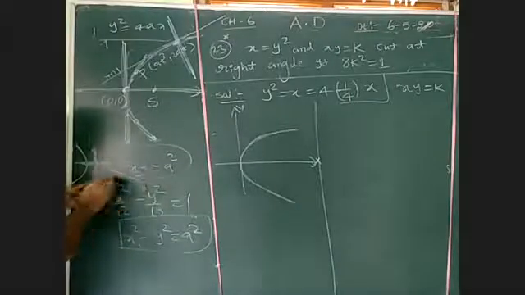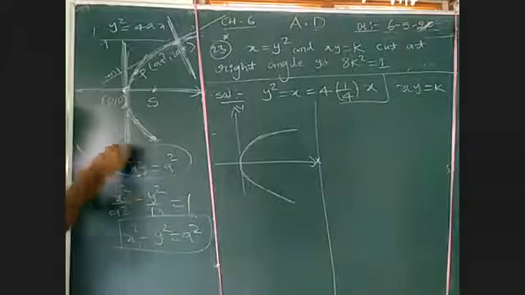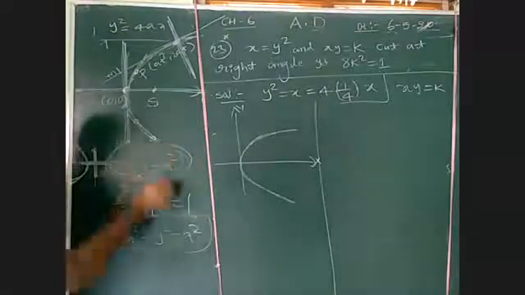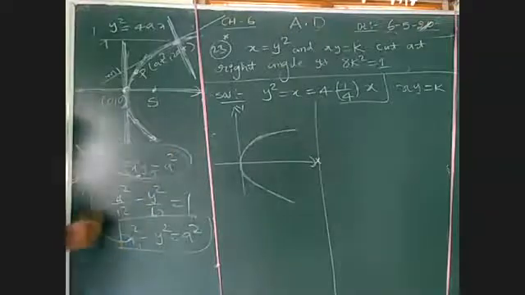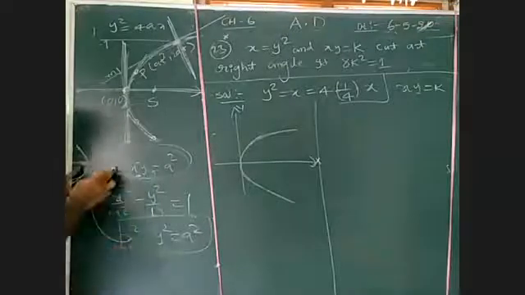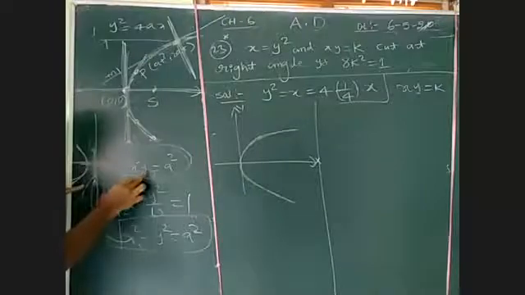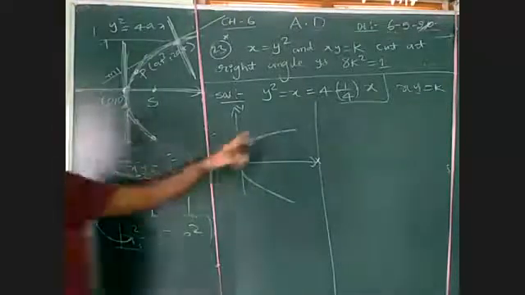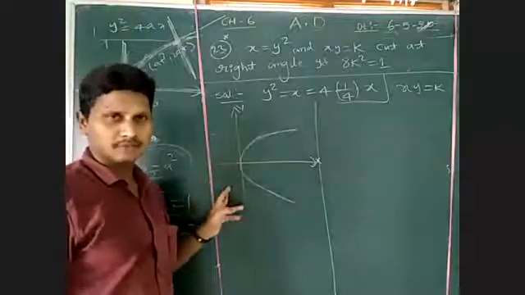This hyperbola lies on the x-axis, but what about xy is equal to a square? The graph of xy is equal to a square will lie in the first quadrant and third quadrant.